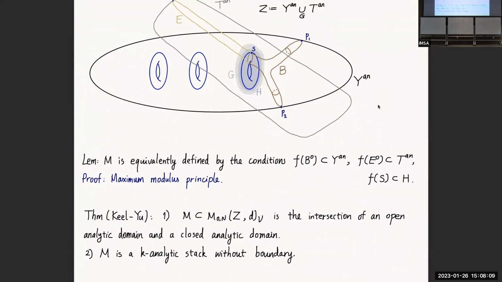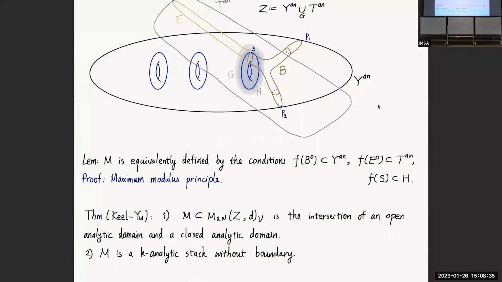And now I can state the first result regarding properties of the moduli space. With Sean, we show that first, this locus M, defined by these equivalent conditions, is the intersection of an open analytic domain and a closed analytic domain. And second, we show that it actually has no boundary.